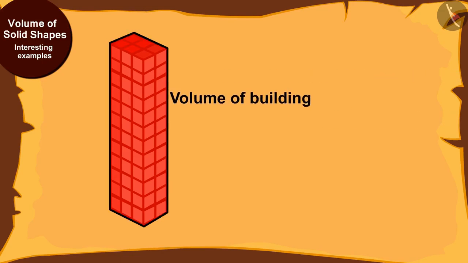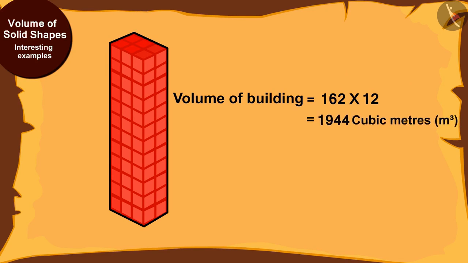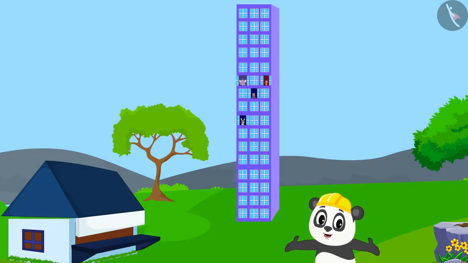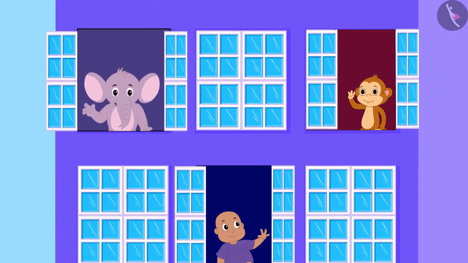This would mean the volume of the entire building will be 162 multiplied by 12, that is 1944 meters cube. Golu built his building and the people of Champapur started living happily in that building.